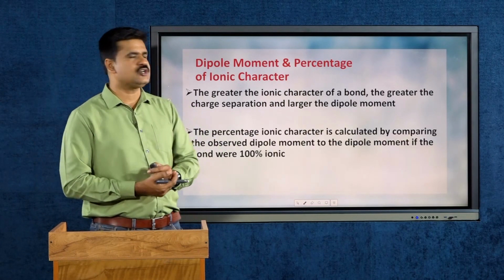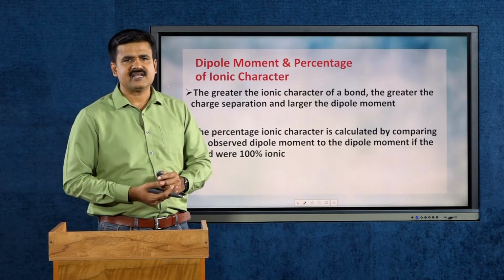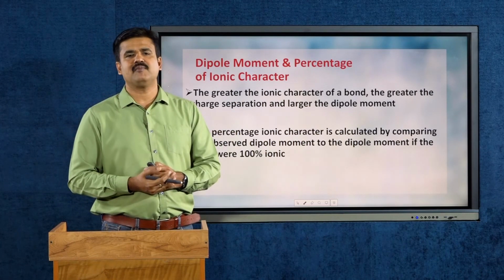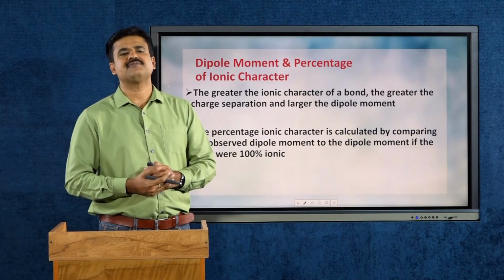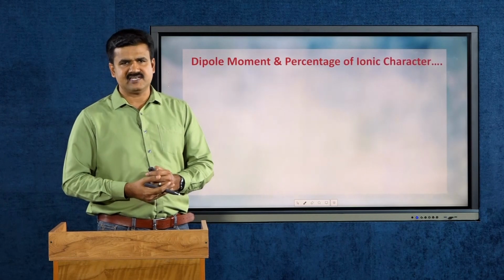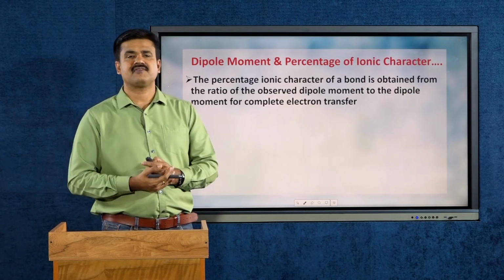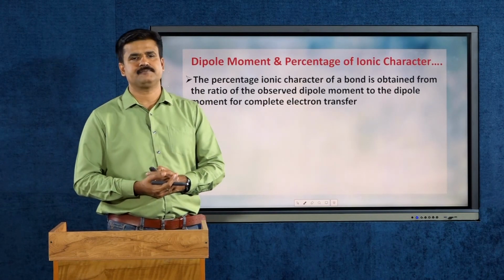The percentage of ionic character is calculated by comparing the observed dipole moment to the dipole moment if the bond were 100% ionic.